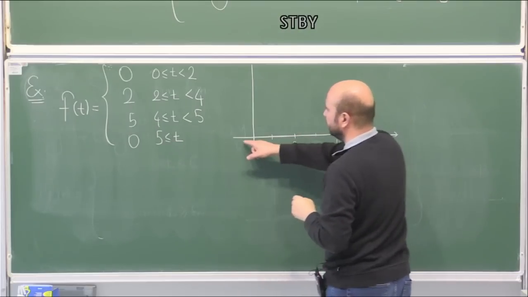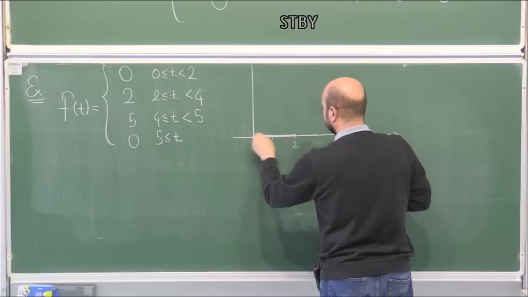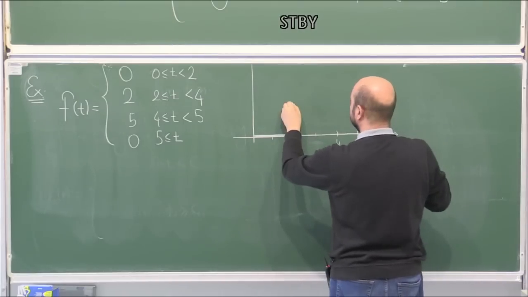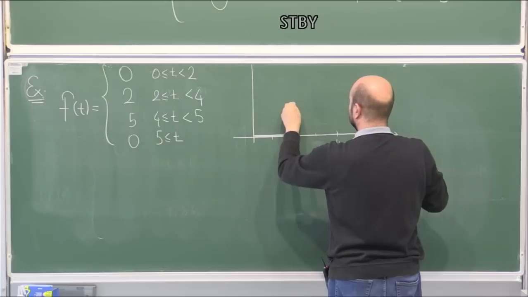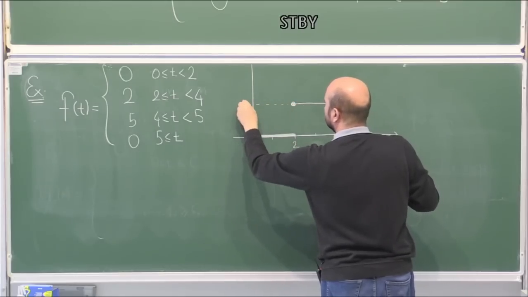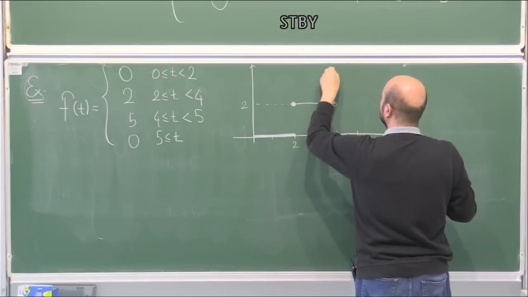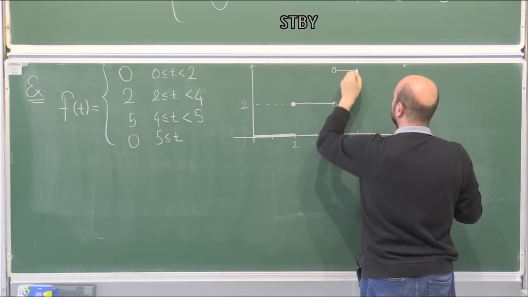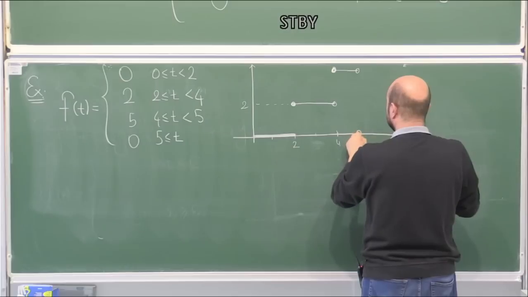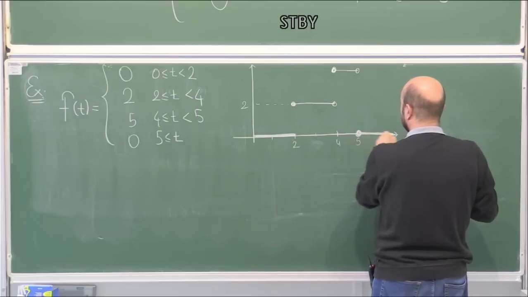Between 0 and 2, it is 0. Between 2 and 4, it is 2. Between 4 and 5, it is 5. And after 5, it is 0. This is what we have.